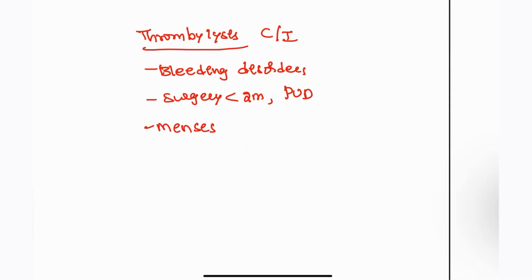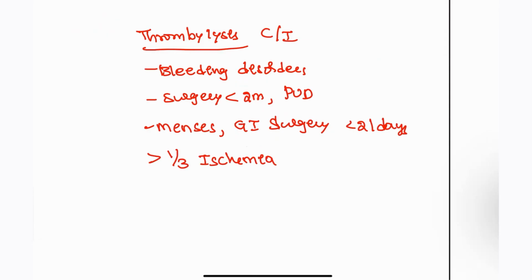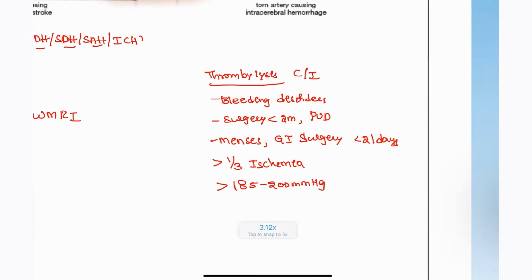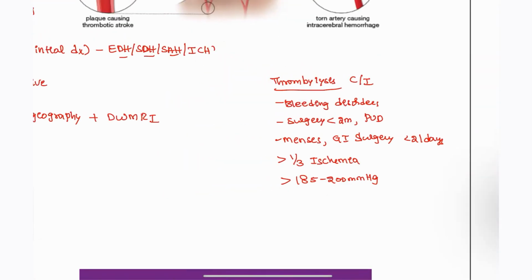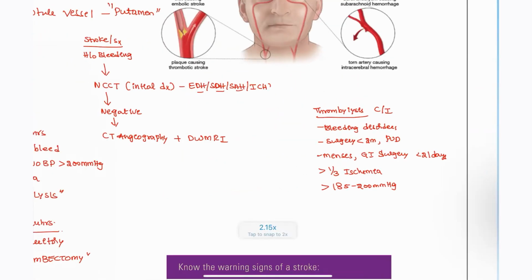Also GI disease or GI surgery less than 21 days ago, or more than one third of the major territory ischemia involved, and also blood pressure more than 185 to 200 mmHg. We are not going to proceed with thrombolysis for these patients, right? These are the important protocols that you have to follow.